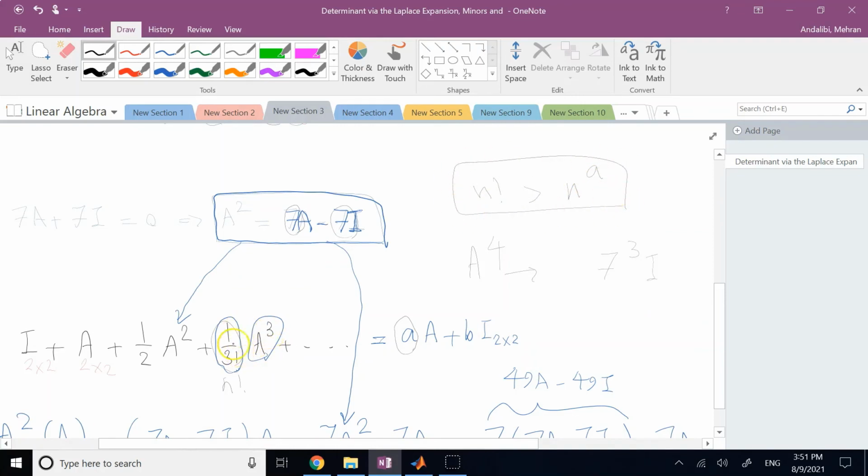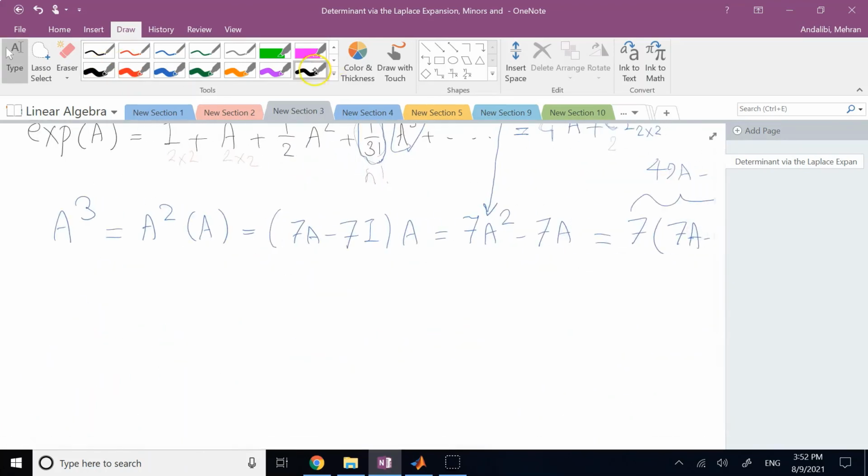So ultimately, the contribution of these terms will get to 0, and you really can write the whole thing as a single number times the A matrix plus another single number times what? Times the identity matrix, as long as the matrix is what? 2 by 2.